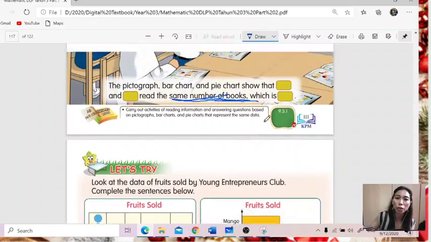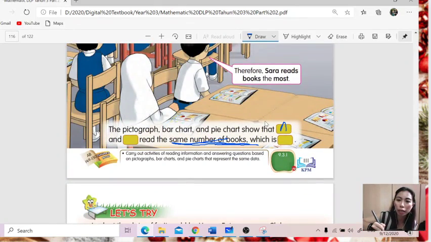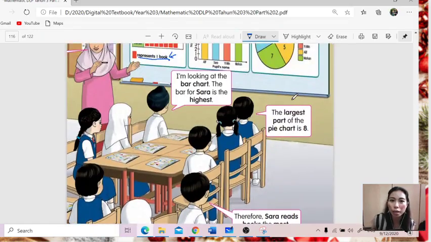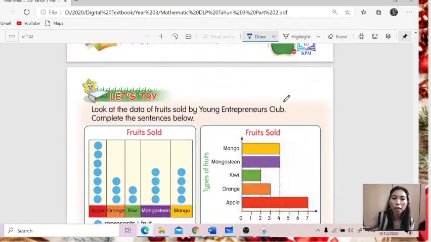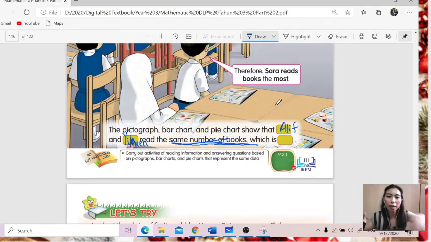So it shows that Alif and Yimin read the same. M-I-N, sorry, yeah. So the information also you must really know, correct in terms of the name of the student, so you cannot make wrong spelling.